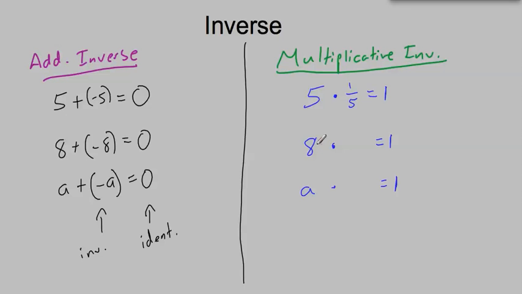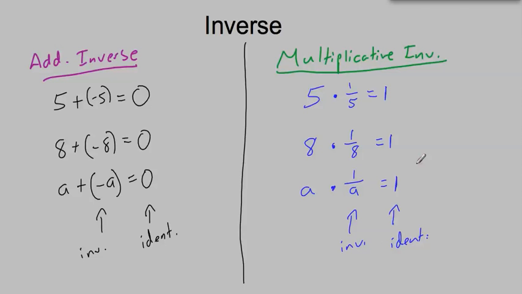And if I have 1/8, I multiply 8 times 1/8, and I get back to 1. And in a more general sense, if I multiply any number A by 1/A, it leads me back to 1. In the same fashion, we have the identity here, and here is my multiplicative inverse, 1/A.